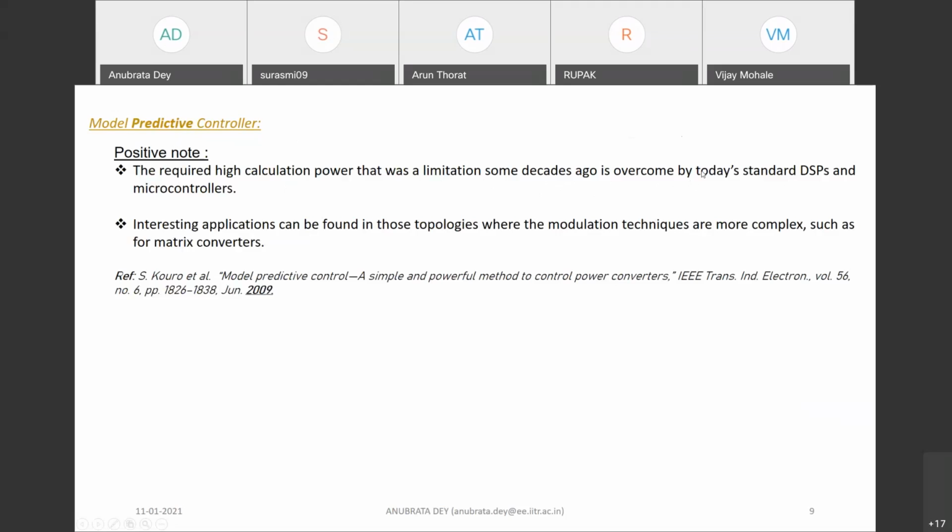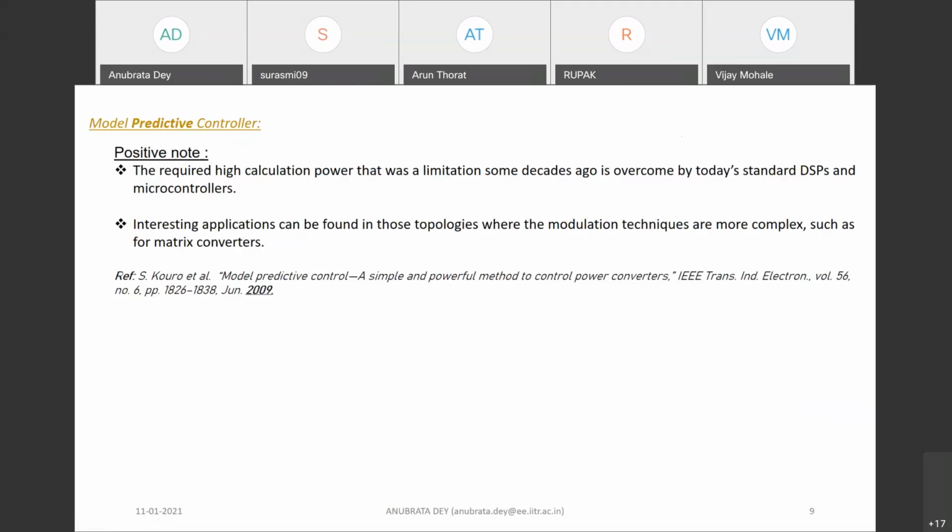But nowadays, standard DSPs, digital signal processors, microcontrollers, and FPGAs are quite fast enough. They can easily take care of this little bit of time consuming process which is involved in the model predictive controller.